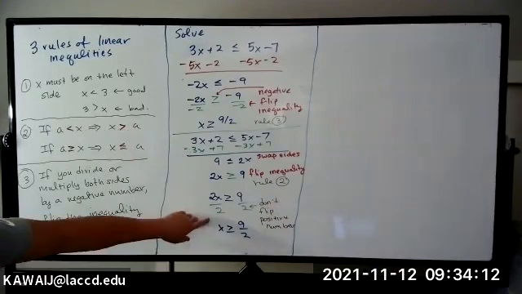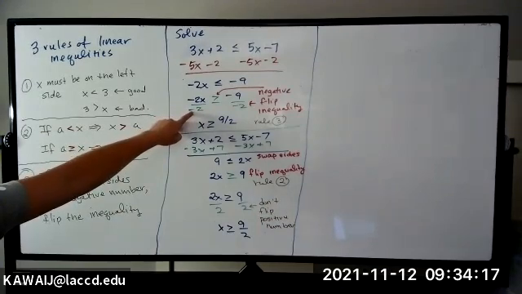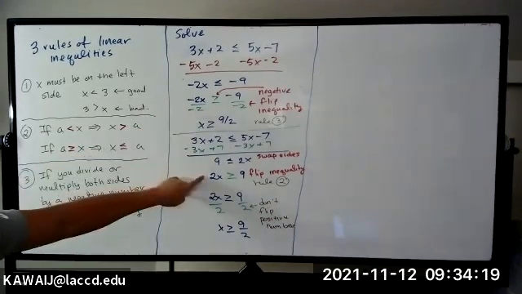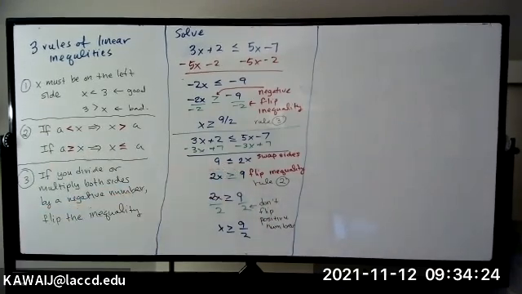Okay. Because this is positive, we don't flip. We only flip when this is negative. The reason why we're flipping over here is because the x is on the wrong side. Okay. So let's try one more problem.